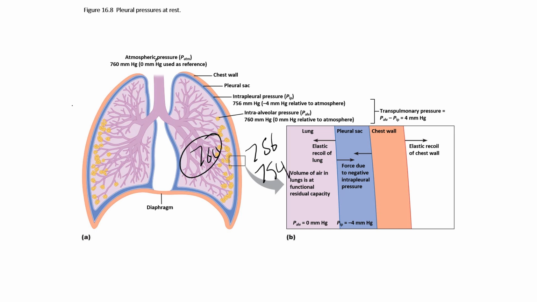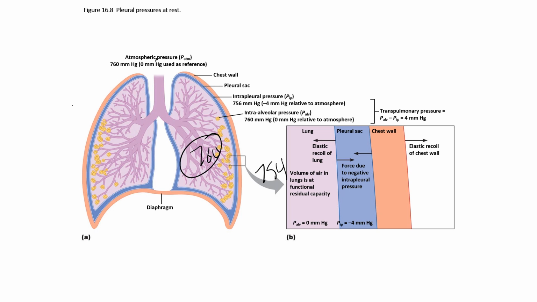So what does that actually imply? And this is where that concept, that value, I should say, that we finished with at the end of the last lecture becomes important. What is transpulmonary pressure? Transpulmonary pressure is the difference between intra-alveolar pressure and intrapleural pressure.